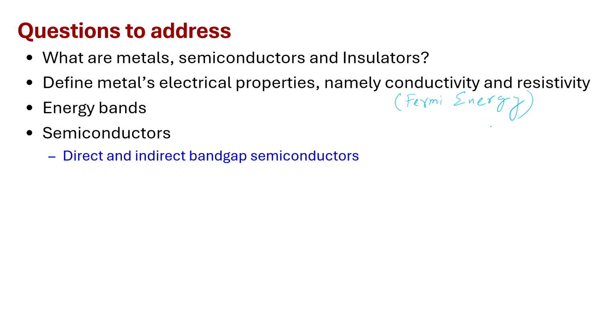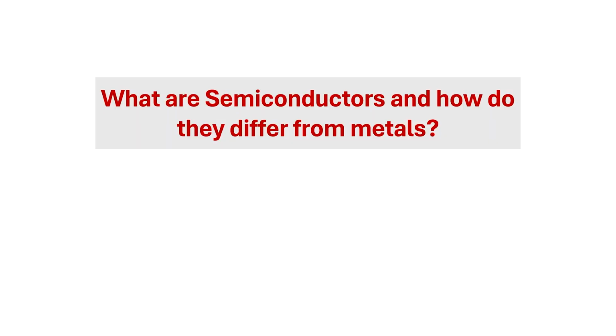And then we will look at the formation of energy bands in materials in a very fast forward qualitative manner. We will not do too much of mathematics around it, and then we will look at semiconductors, especially looking at what the direct and indirect band gap semiconductors are.